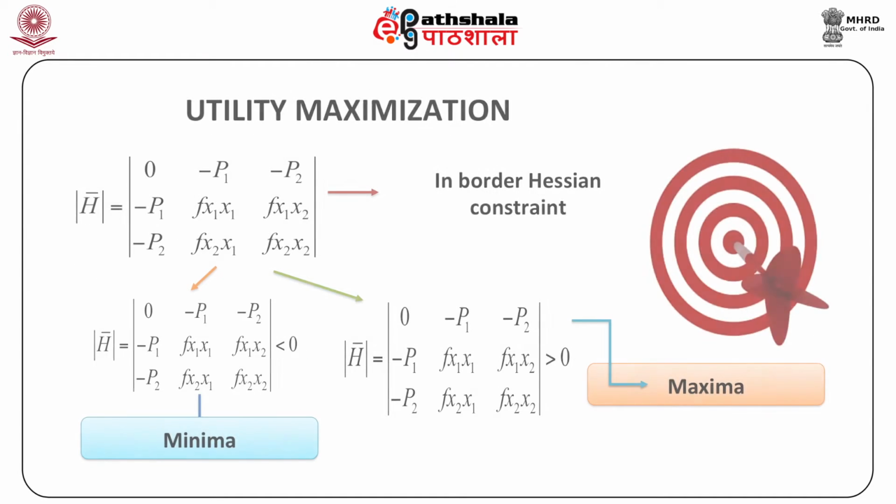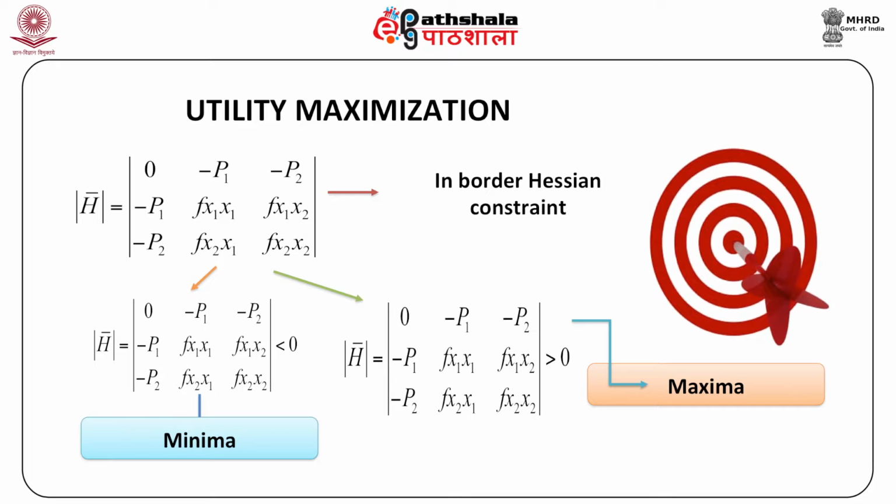To find out whether this ratio maximizes the utility or not, this may be checked by the bordered Hessian condition, in which we use the constraint as a border in the matrix as follows. So in the bordered Hessian, the constraint is used as a border. We have the bordered Hessian, which is the matrix with rows 0, minus P1, minus P2; minus P1, f_x1x1, f_x1x2; minus P2, f_x2x1, f_x2x2.